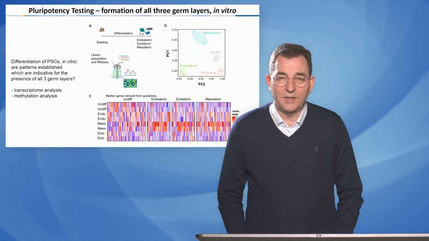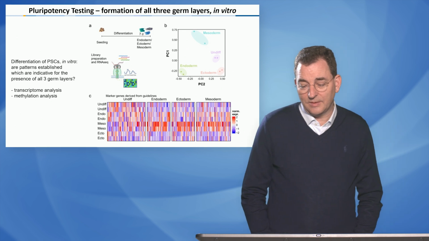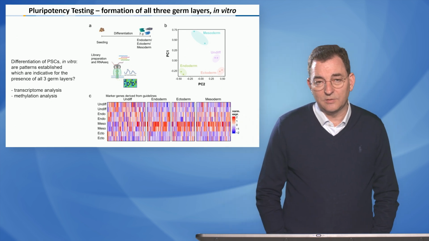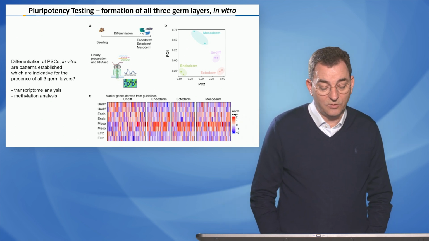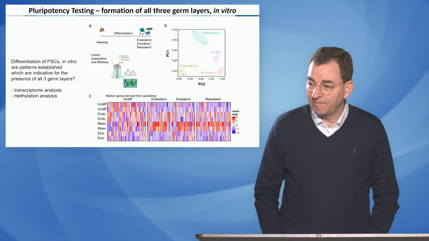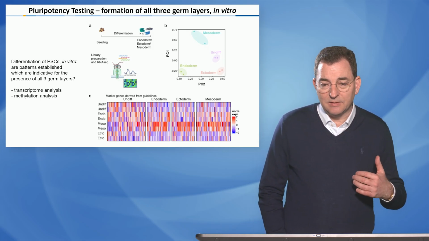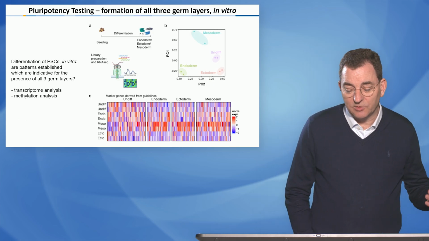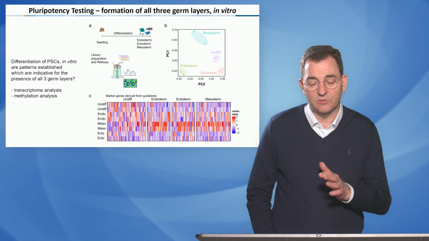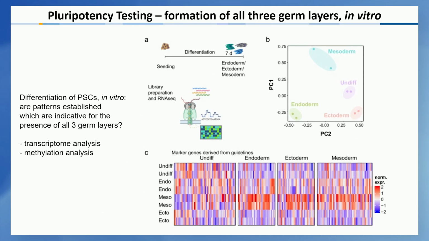So there's another way to test, by looking at the transcriptome being expressed. If you look at pluripotent stem cells and differentiate them, you should find transcription activity which is typical for the differentiated cells of the 3 germ layers. That's what's shown here.